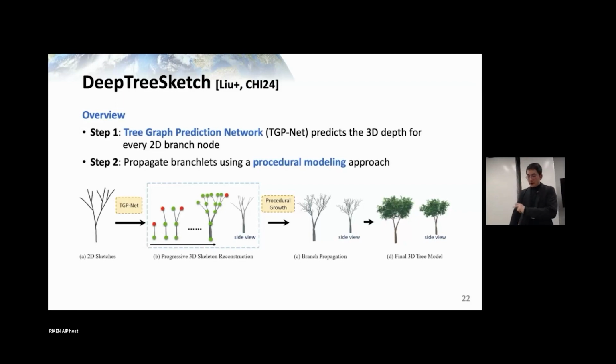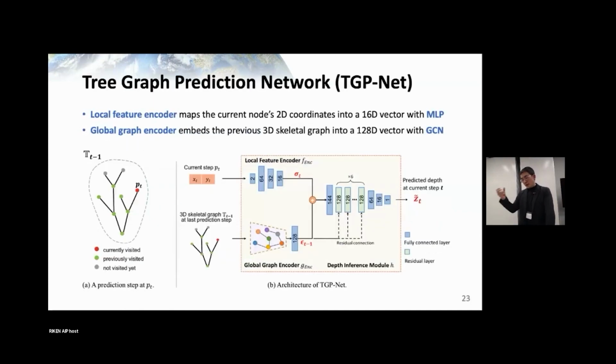So the first part is this tree graph. This is named the tree graph prediction network. It has two encoders. It's a quite simple structure, composed of a local feature encoder and a global graph encoder. The first one accepts just the 2D coordinate of the currently visited tree node, and the latter one accepts the entire graph structure, which is represented in a matrix.